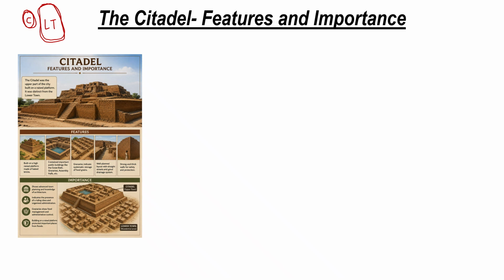And this was the structure of every Harappan city, except in the case of Dholavira. So there is a Harappan city in Gujarat which is Dholavira. What was the structure of Dholavira? There was the citadel, then there was the lower town, and then there was another place where probably the laborers used to live. So three layers of the city were there.